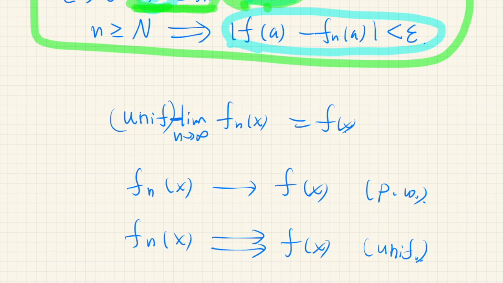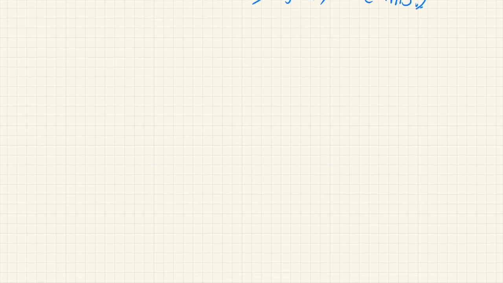So why do we bother with the difference between pointwise convergence and uniform convergence? That's because there can be a great difference in the behavior of the limiting functions, whether it's pointwise convergence or uniform convergence. And here's a theorem that demonstrates the importance of uniform convergence.